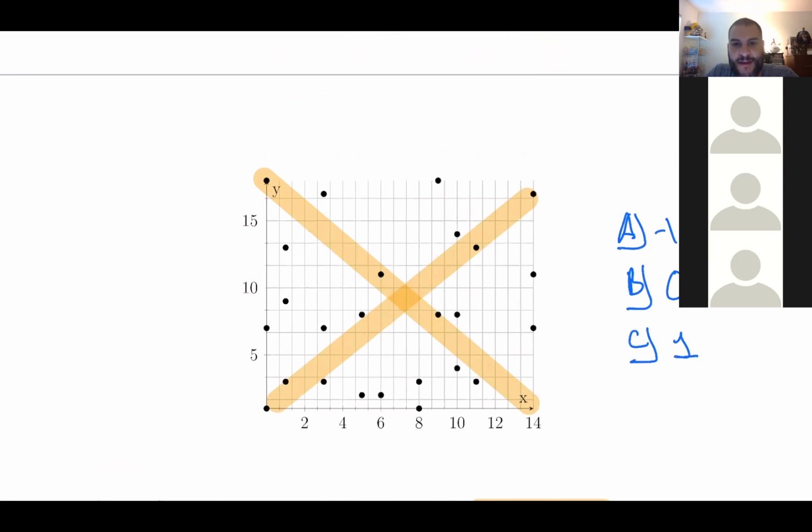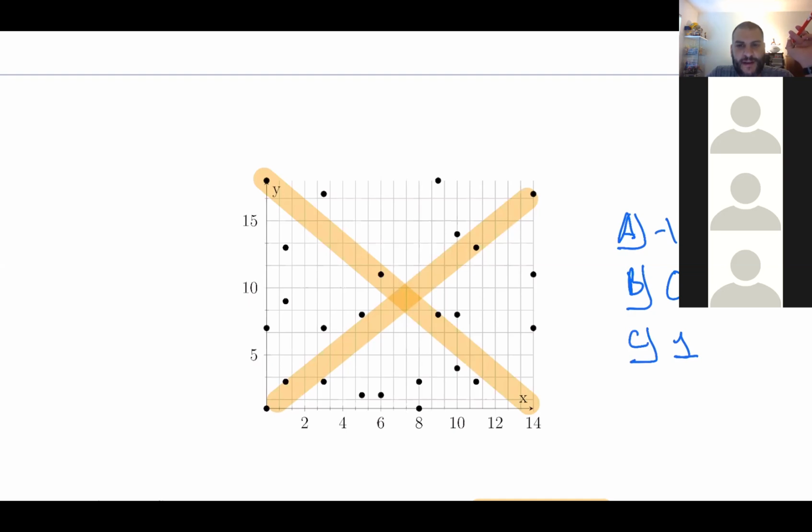So once again, all you have to do is tell me, is it A, which is -1, is it B, which is 0, or is it C, which is 1? All right, so let me end the poll.